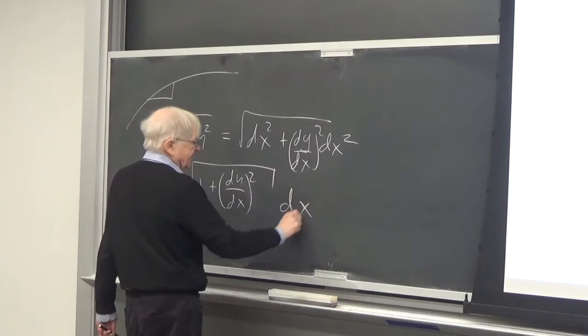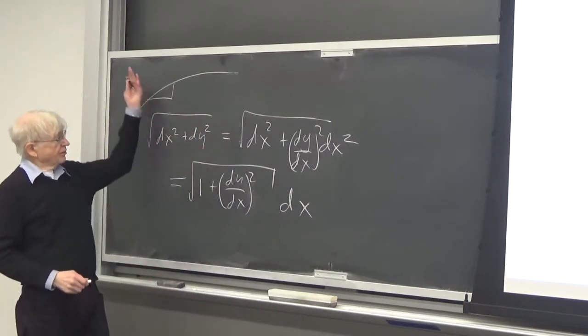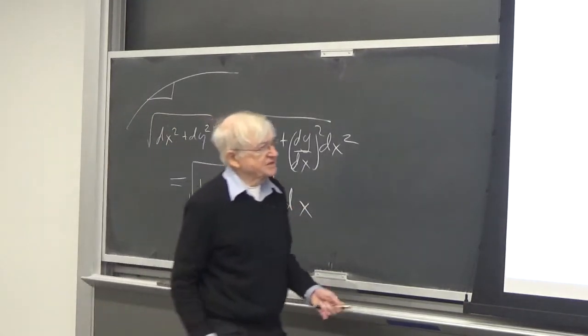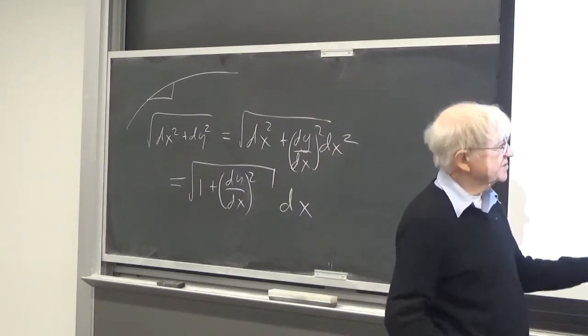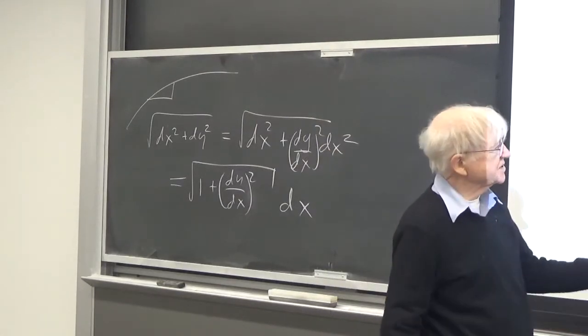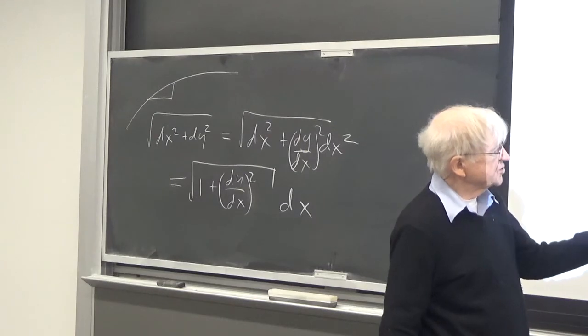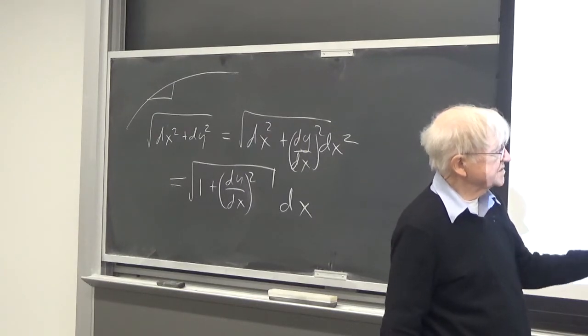But here the y is the height above the surface of the drum, or the displacement of the surface of the drum. So you get h sub x, the x derivative of the height, squared.